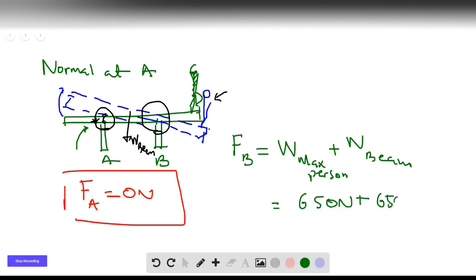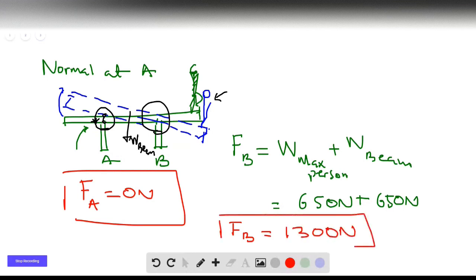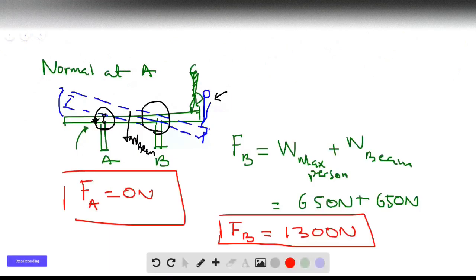The beam is also 650 newtons. So the force at B ends up being twice that amount, so that's 1300 newtons. So, we've found the maximum weight of the person. We've found the force at A is 0. The force at B is 1300 newtons.